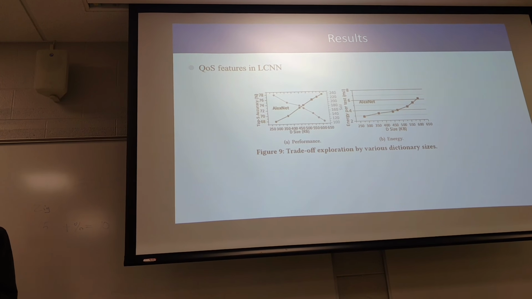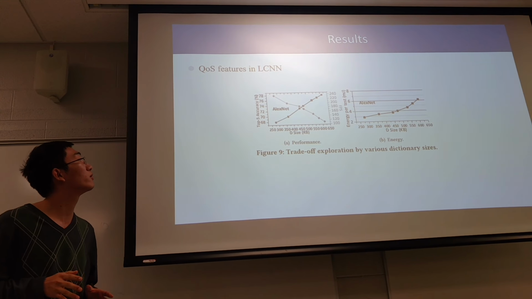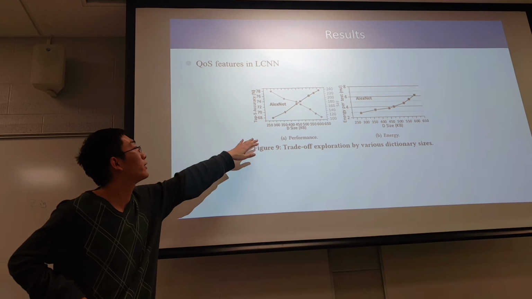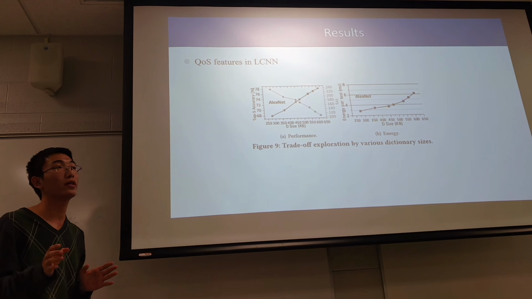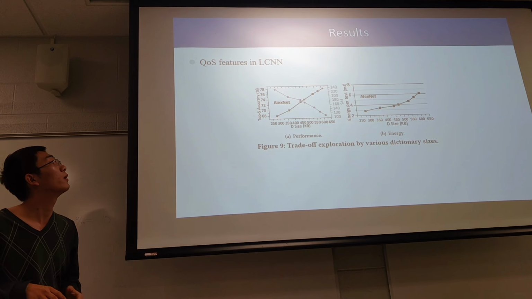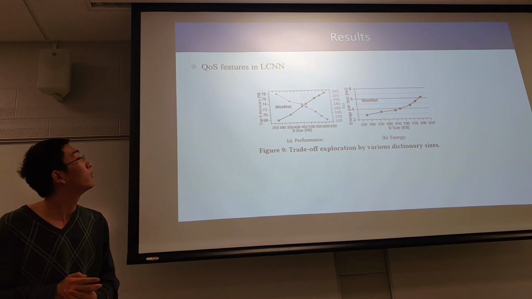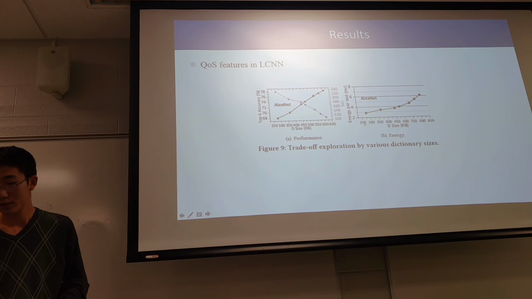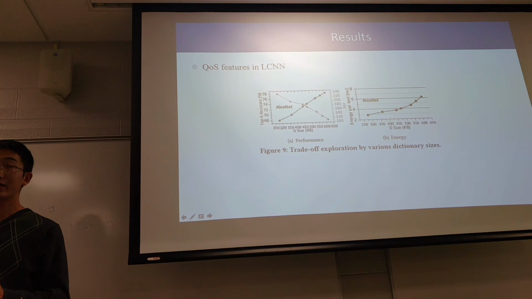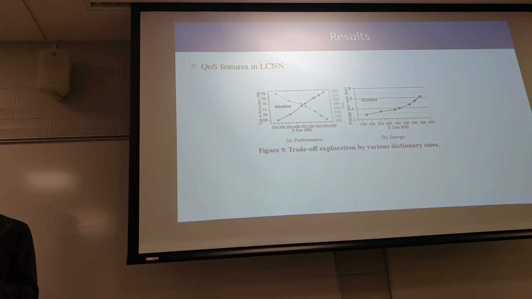Some preliminary results show that there is a trade-off between performance and accuracy. You can see the x-axis represents the dictionary size, and the y-axis represents the top 5 accuracy of your benchmark. As the dictionary size increases, your top 5 accuracy will increase too.